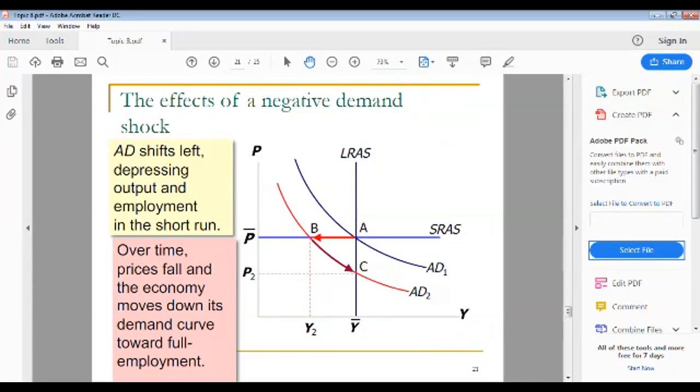This is an example of a recessionary gap. It's called a recessionary gap because Y2 is less than Y bar. As you can see here, in a recessionary gap, the economy does fix itself. B to C, see what happens there, right?